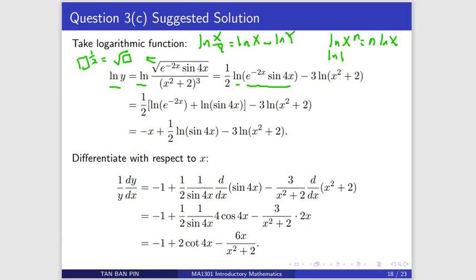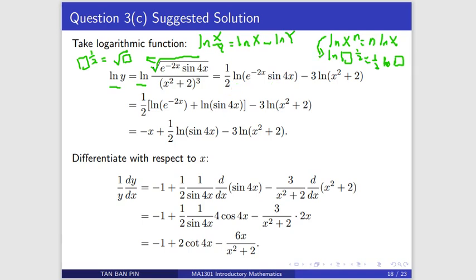That means it's half ln of the box, and inside the box is e power minus 2x times sine 4x. So that's why you have a half here, because you converted square root into power half, and then used this formula to bring the power down in front.